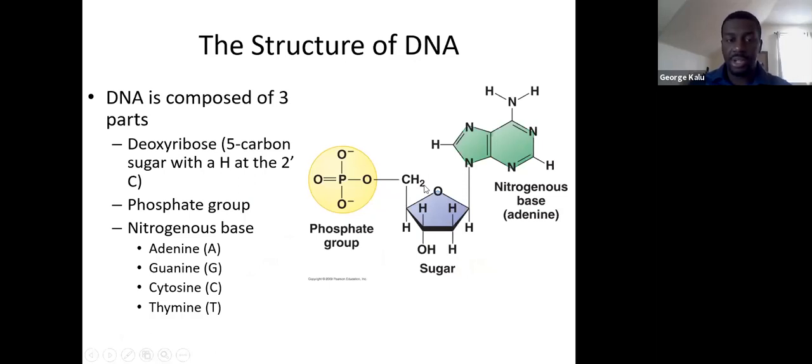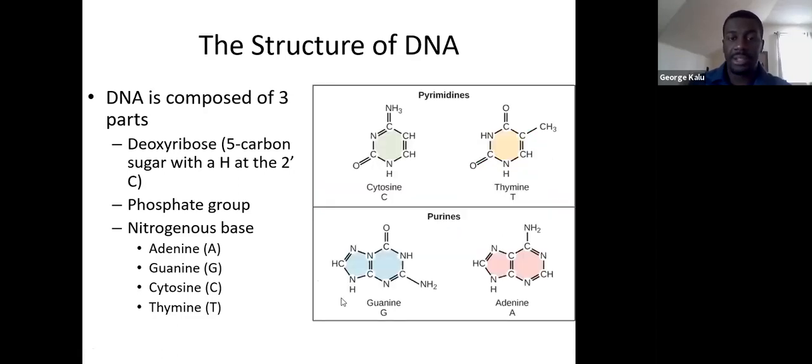Attached to the deoxyribose sugar, we also have a phosphate group on one side, and a nitrogenous base on the other side, which will be either adenine, guanine, cytosine, or thymine. That's how DNA is built, with those 3 different parts.